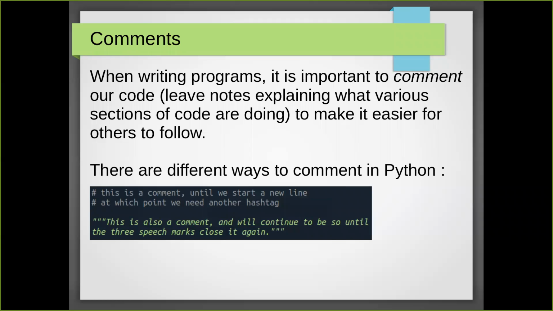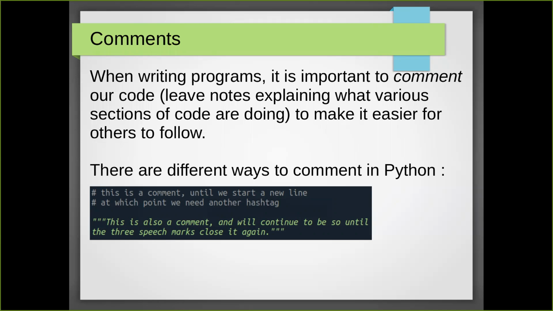And that is providing comments in our code, and that is leaving notes essentially within our program that explain to others, and frankly to ourselves when we look back over what we've written, what various sections of code are doing, or in some cases what they're supposed to be doing. This makes it easier for others to see what you're trying to do, and also for yourself, when you go back to a piece of code and think, why have I done this? It makes it much easier.